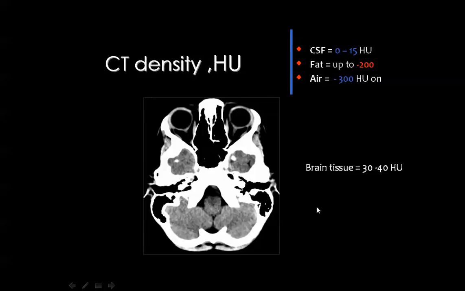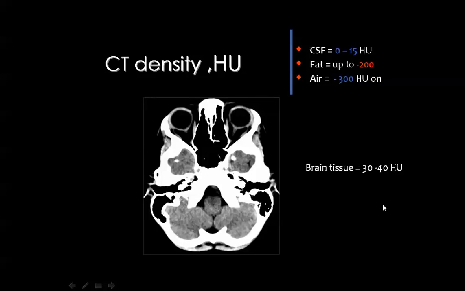Then according to the density of the tissue, you will see the lesion on the CT scan. Normally, the brain tissue measures in its density around 30 to 40 units. And these units are referred to by these letters HU, H for Hounsfield.